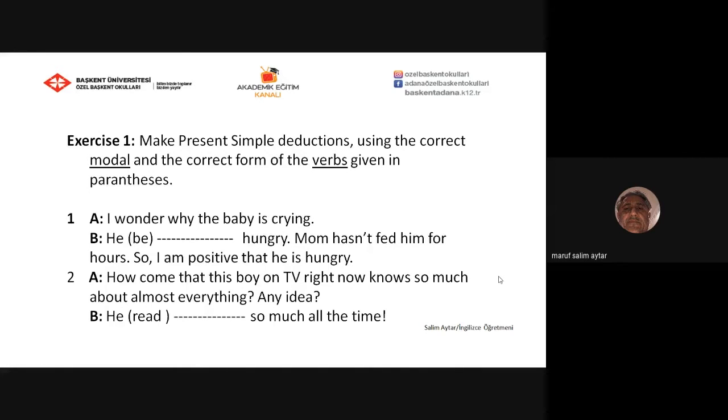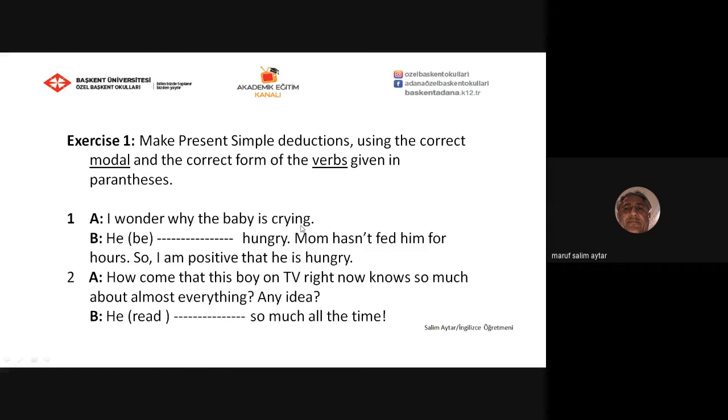There are some examples towards this idea, actually. Make present simple deductions using the correct modal and the correct form of the verbs given in parentheses. Have a look at the first dialogue, please. I wonder why the baby is crying.